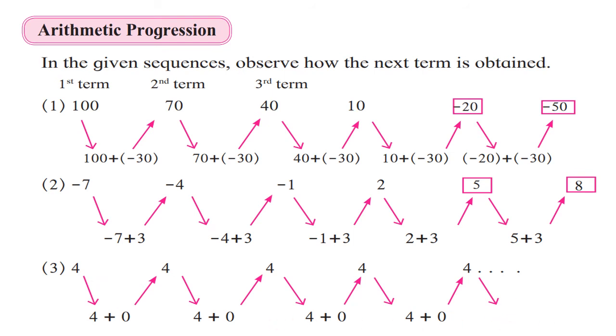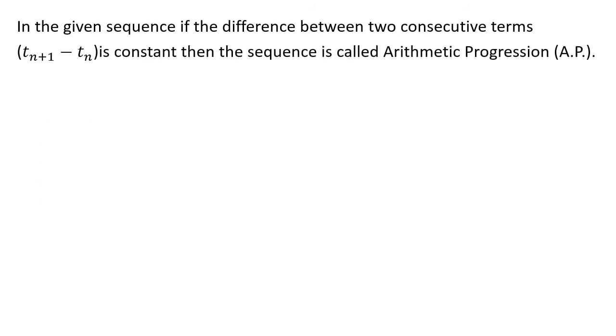Now by using this, we will see the terms related to arithmetic progression. Okay, so here how we will define arithmetic progression. The definition here is, it is a particular type of sequence.